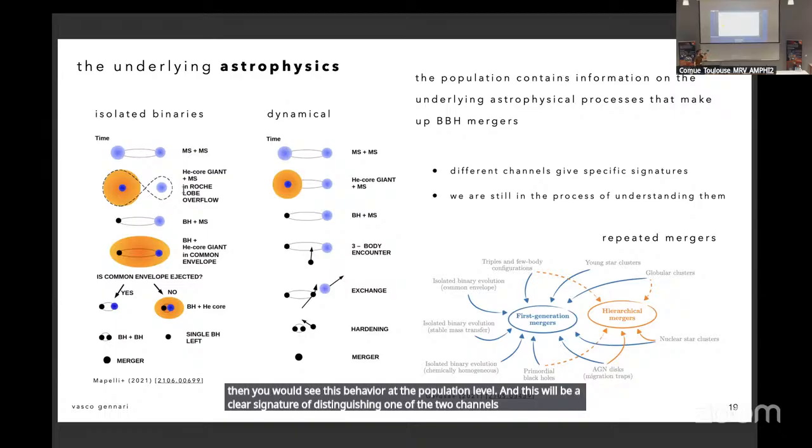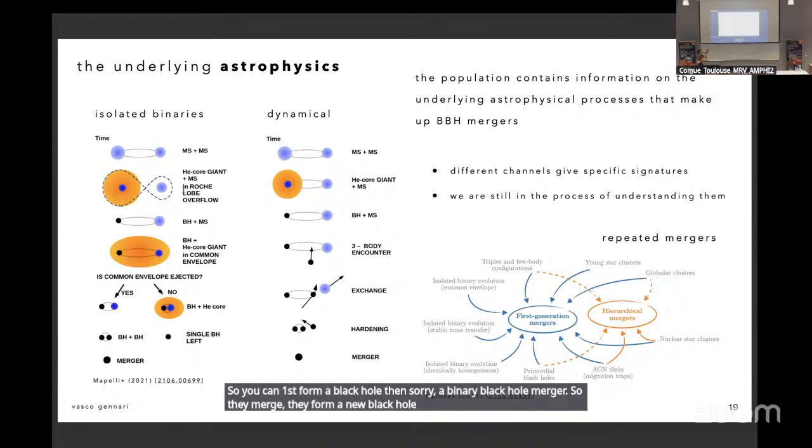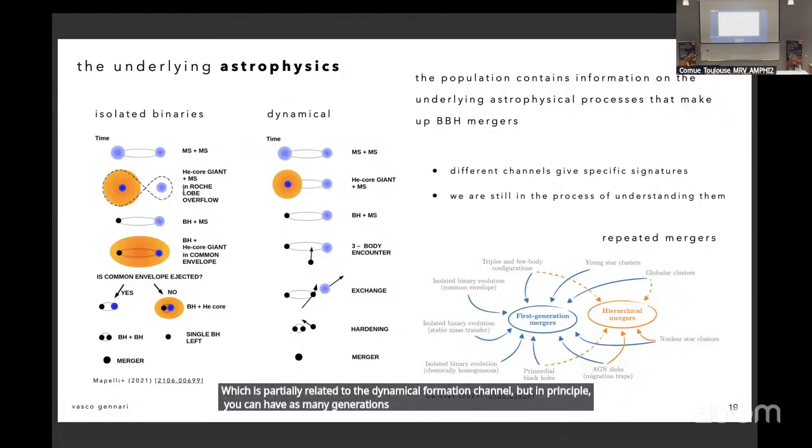Another one, for example, is the idea of repeated mergers. You can first form a black hole from a binary black hole merger. So they merge, they form a new black hole, then somehow it gets closer to another black hole and you form another merger. This is a second-generation merger, which is partially related to the dynamical formation channel, but in principle you can have as many generations of mergers as you want.